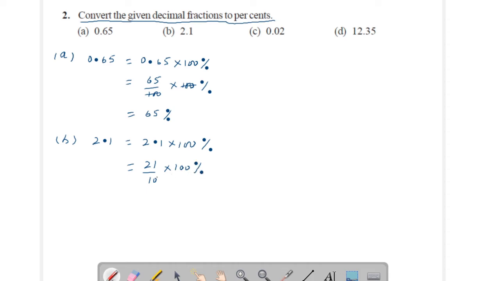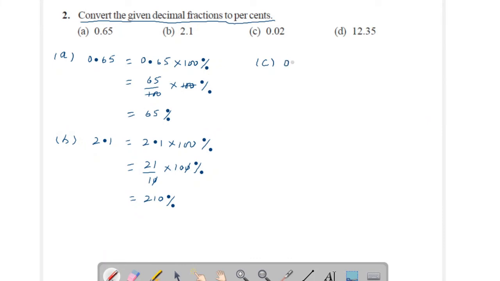Here you can cancel 0 by 0 and then multiply the remaining terms. 21 into 10, it is 210%. This is your answer.